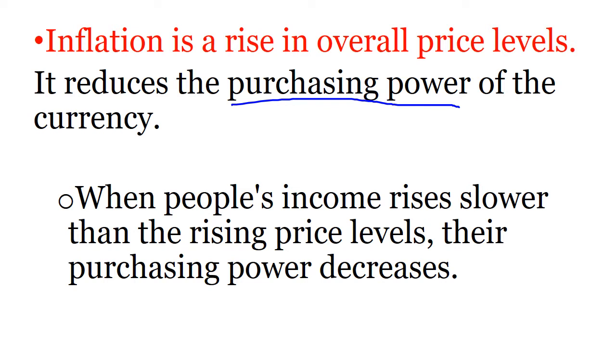So when your income rises slower than the price level, so if your income isn't keeping up with inflation and the cost of goods in the economy, then the purchasing power decreases. The value of your dollar is decreasing as everything costs more. So more inflation equals a decline in purchasing power.